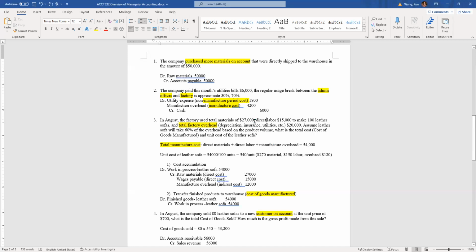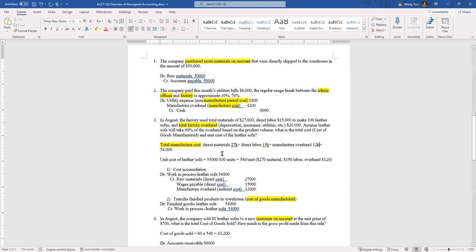So it's 27,000 plus 15,000 labor and 60% of the overhead, which is 12,000. So totally you got 54,000. Okay, so if you want me to label that, that will be 27K, 15K, and 12K.